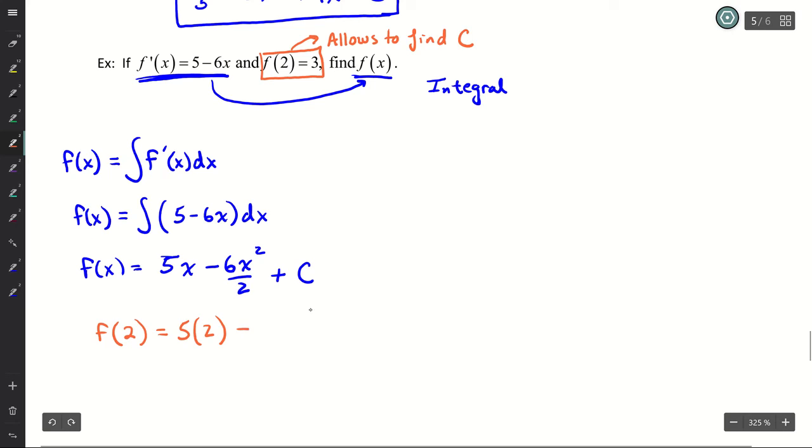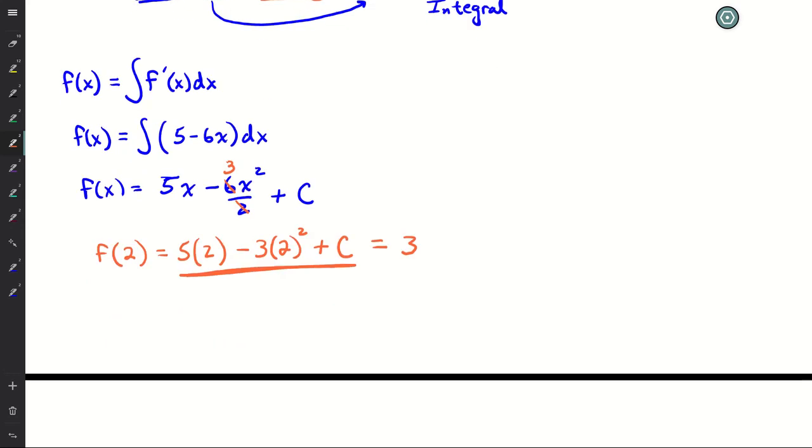And right here I should really reduce that to a 3. So 6 divided by 2 is 3. And then sub in this value 2. And I don't know what c is, but eventually this whole thing right here should equal 3. So that is going to give me an equation that I can use to solve for c.